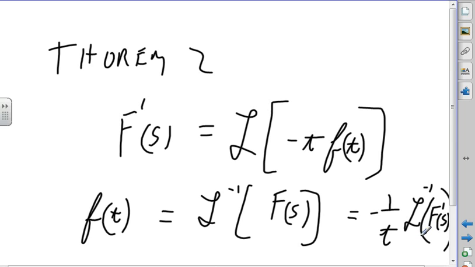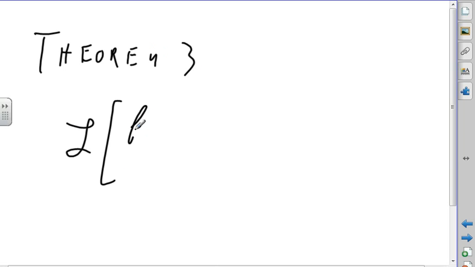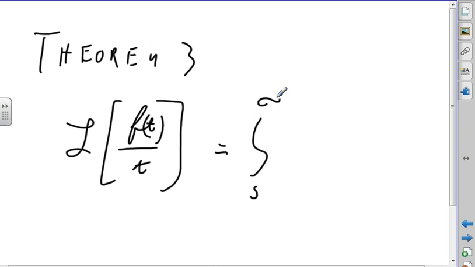All right, and then if we're not differentiating Laplace transforms, we're integrating Laplace transforms. So Theorem 3 says if I have the Laplace transform of f of t over t, that's going to equal the integral from s to infinity of F of sigma d sigma.